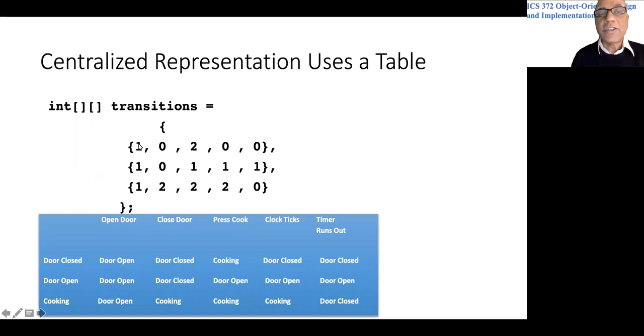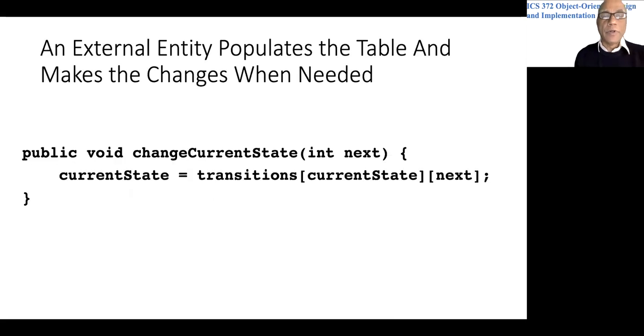That is the centralized representation. If you have the centralized representation, you would store this table in the context. So the context knows what state to go to when one state finishes its work. Another approach we will see in a minute, but we will have a method like this to change the state within the context.